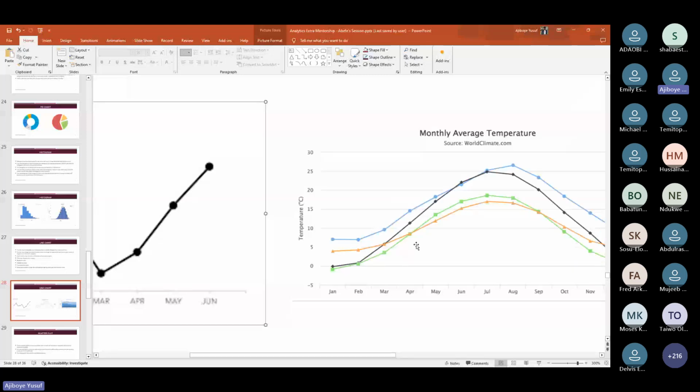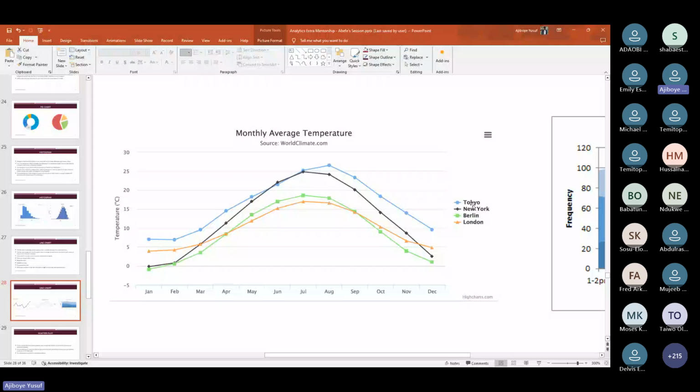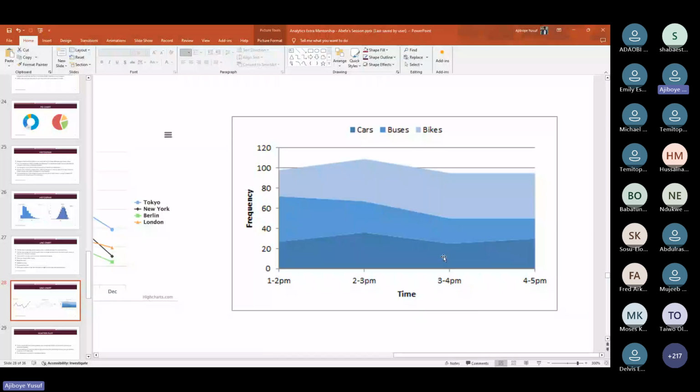Now, the compound line chart is almost similar to a multiple line chart, just that in this case, you are looking at the area under the curve. So the area is important. It's still the same thing: frequency, count, time. We have cars, buses, bikes, but this time we have the area. These two are sort of similar, so you just need to pick the one that suits you.